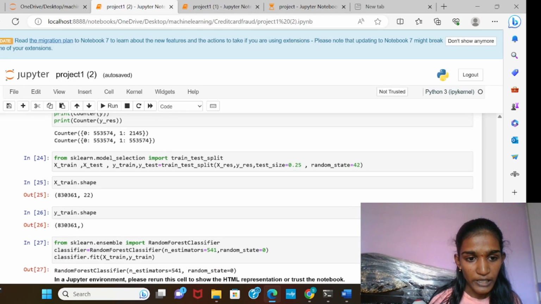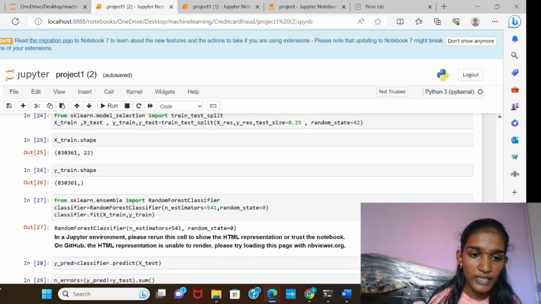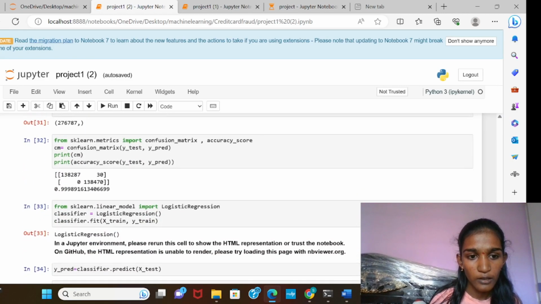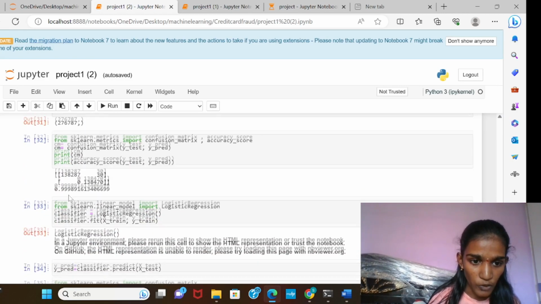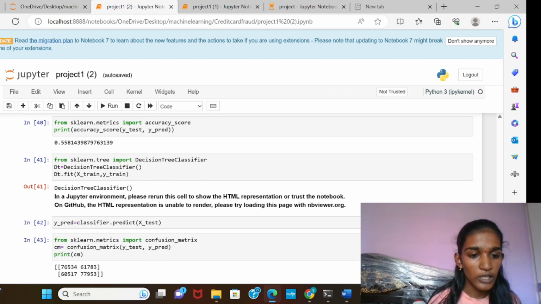Here we split in order to work on the model. As we are testing on 30% of the data and checking the model using random forest, we got 0.99 accuracy, and in logistic regression we got an accuracy of 0.55, and in decision tree we got an accuracy of 0.55.